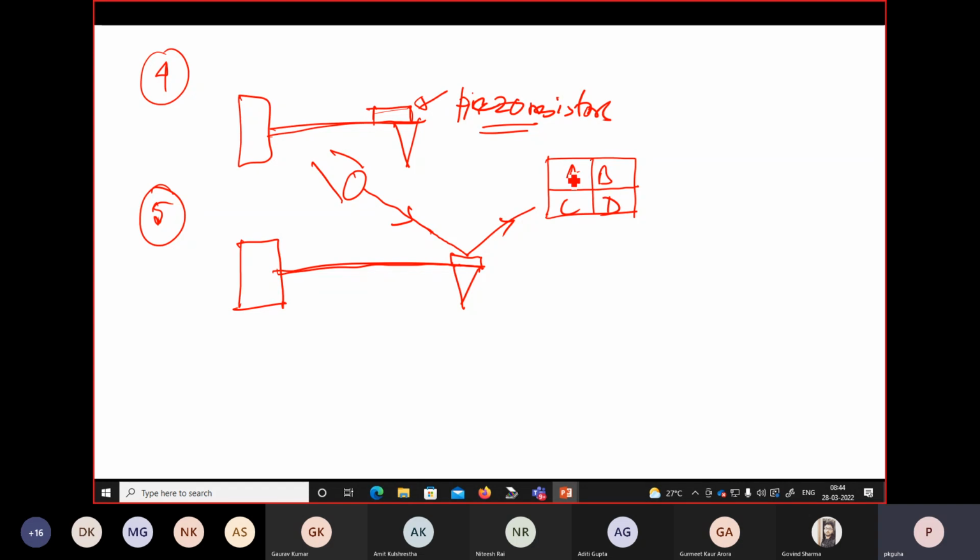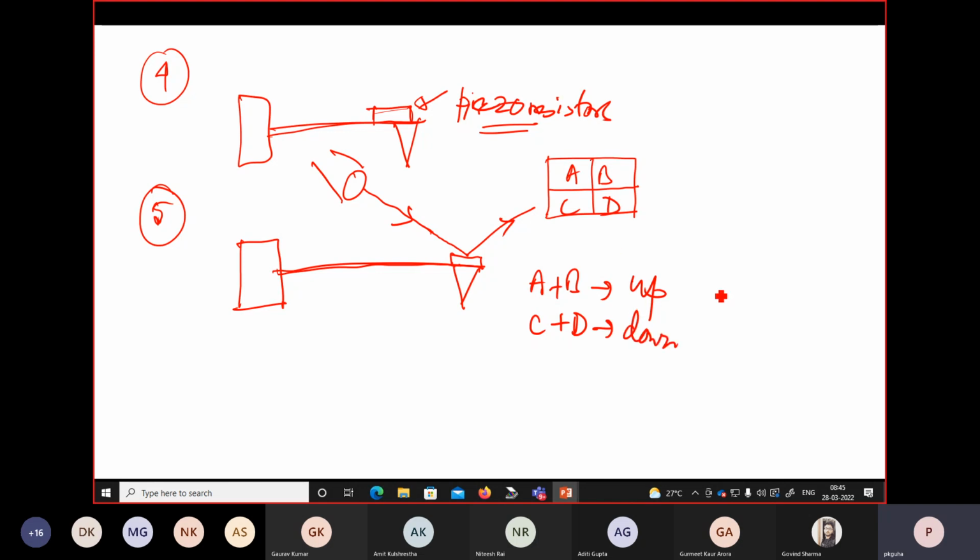If the A and B photodetector current increases, then you can say the reflected light is up here. If the C and D photodetector current increases, then you can say that it is down.